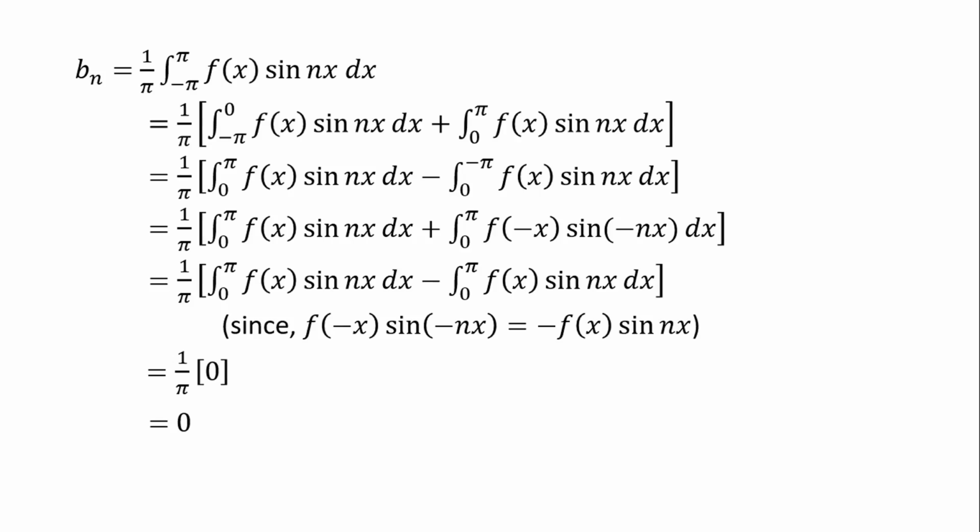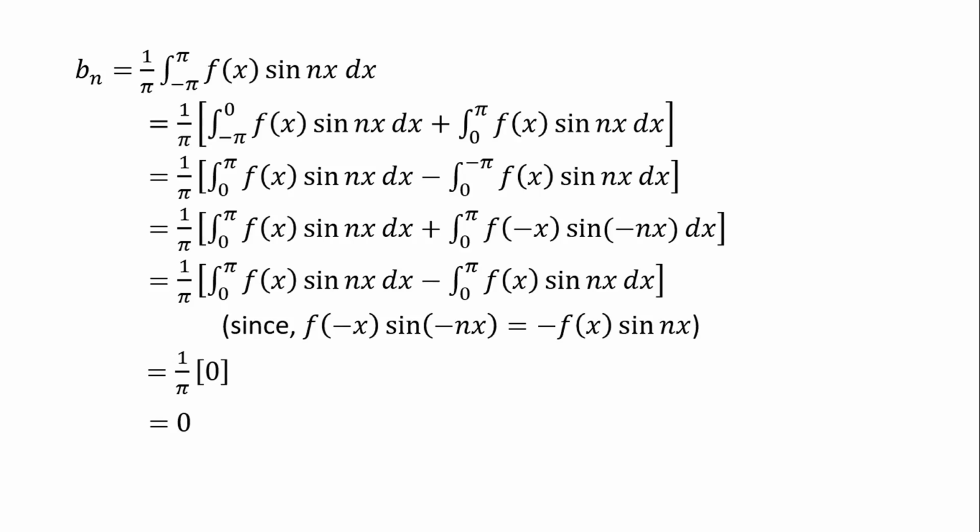But f(-x) is equal to f(x) and sin(-nx) equal to minus sin nx. So therefore the product f(-x) sin nx is equal to minus f(x) sin nx. And in this way we have two identical integrals with opposite signs in the square bracket.